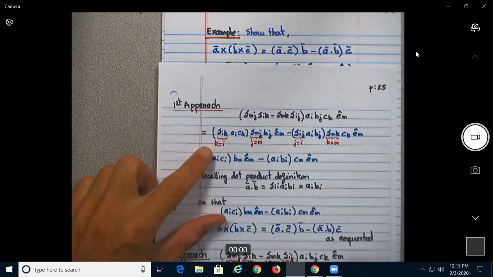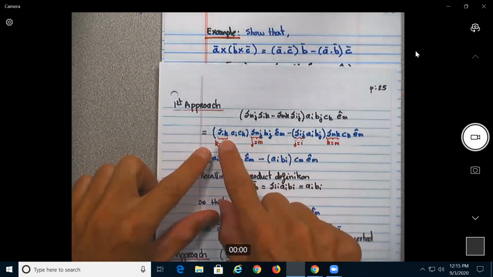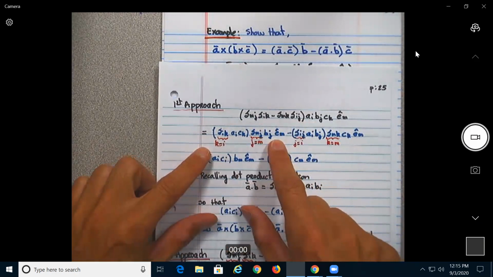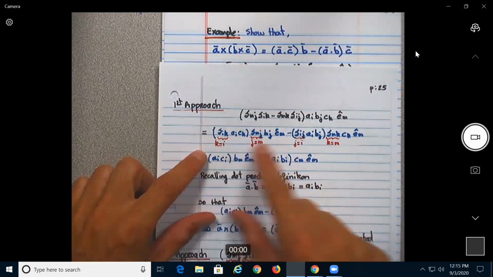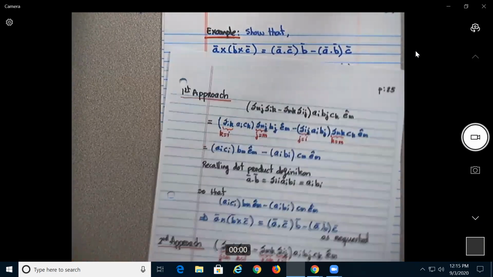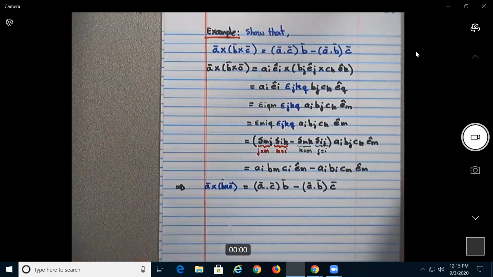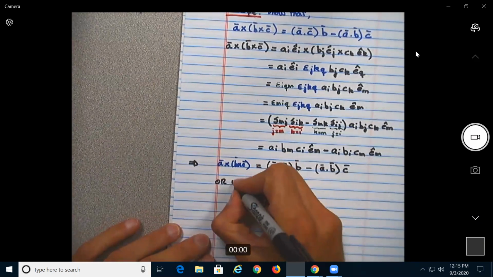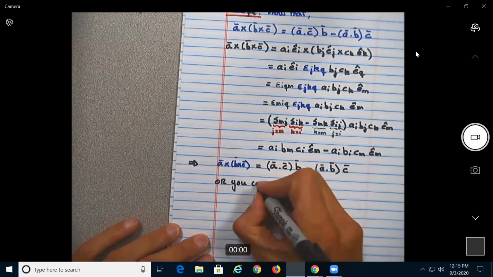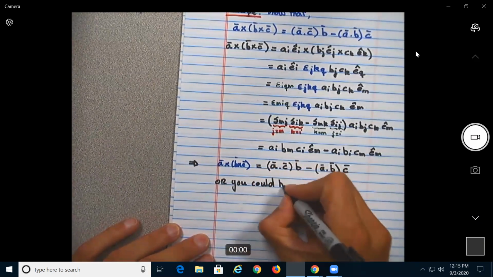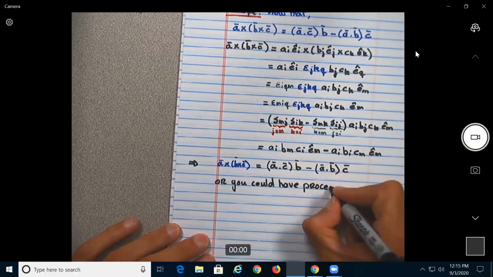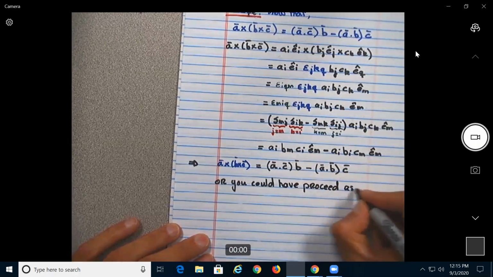It's like this one. You see, before, instead of doing it here, I put each one of the terms with the IK and JM, and then I see what you need to do with each one of them. Do you want to do it? Let's just do it, since it's the first time. Or what you could do is proceed as follows.